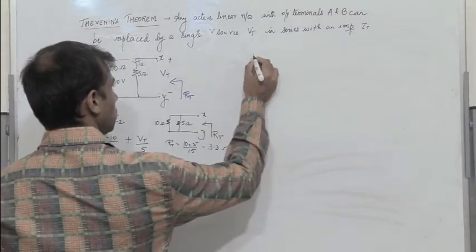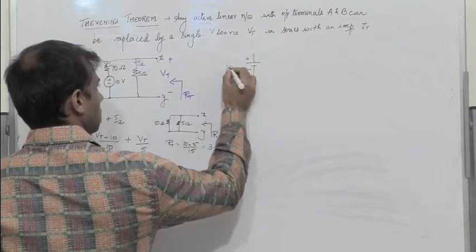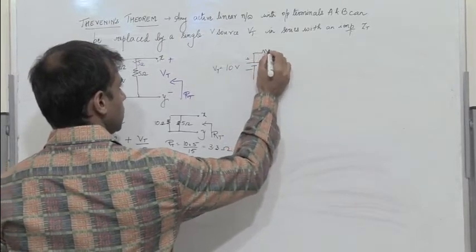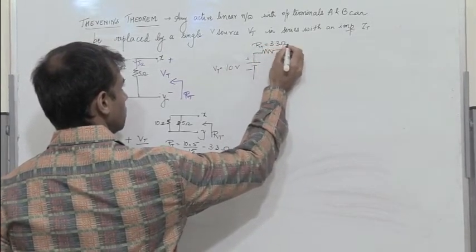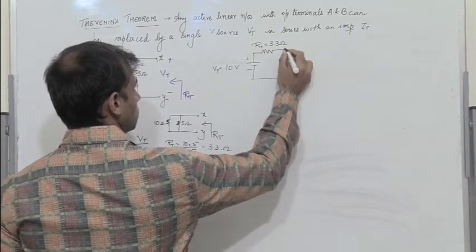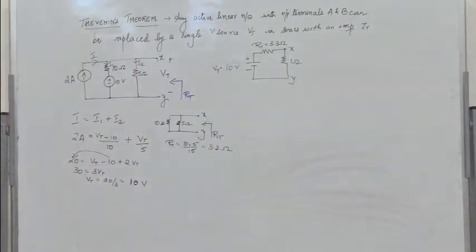So I have 10 volts, which is Vt, in series with RT, which is 3.3 ohms, and then I have 1 ohm across the two terminals X and Y. We need to find the power loss across this 1 ohm resistor.